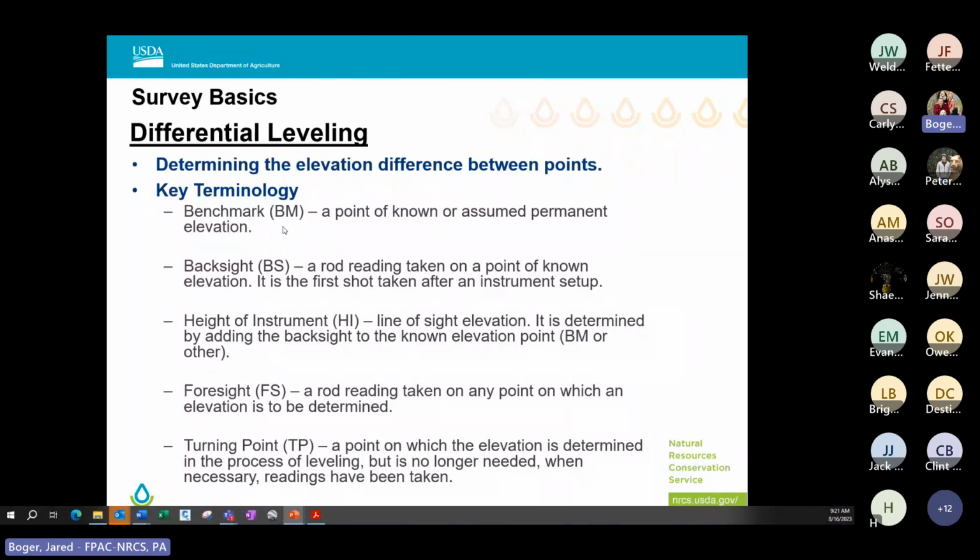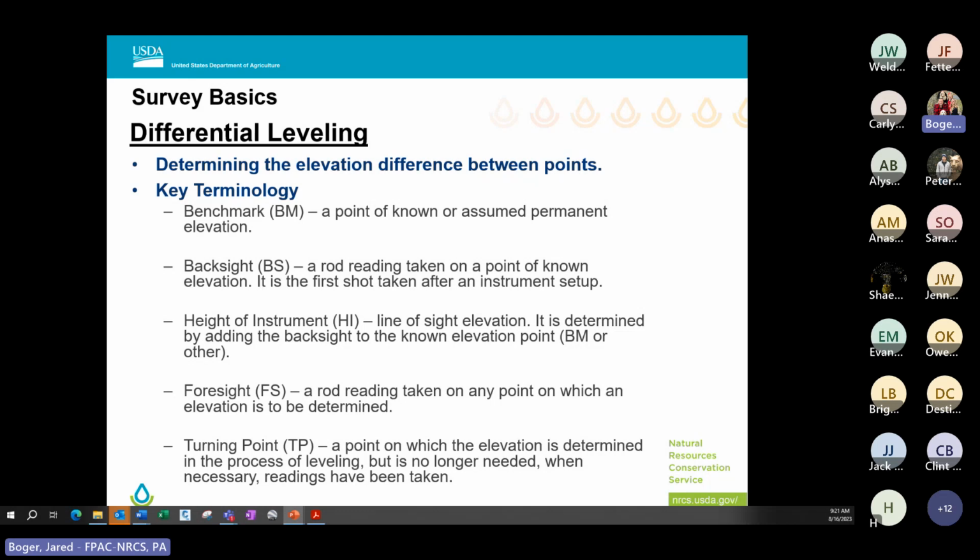Differential leveling, determining elevations between 2 points. A key terminology, you have your benchmark. Benchmark is what you start from. It's the beginning. It's a known point and it's an assumed permanent elevation. Backsight is a rod reading taken on a point of known elevation.